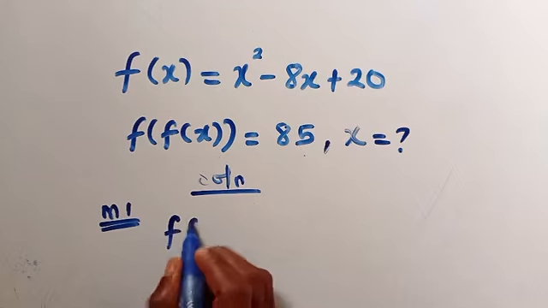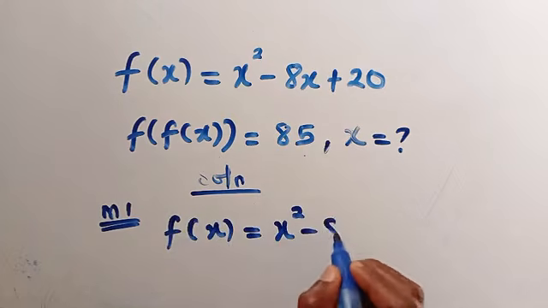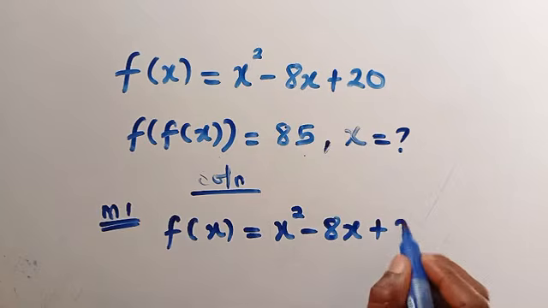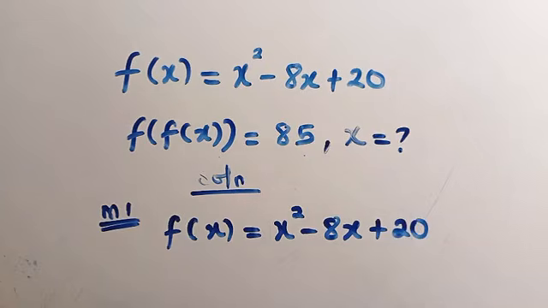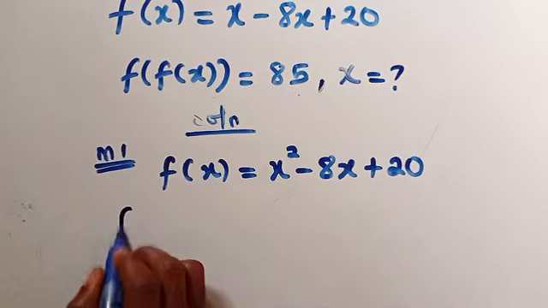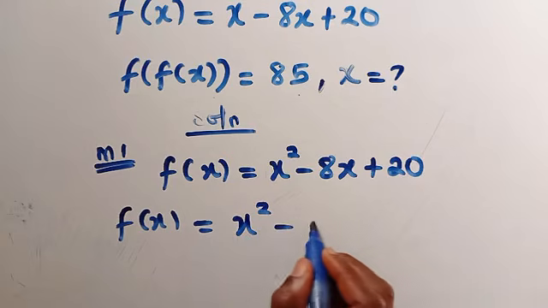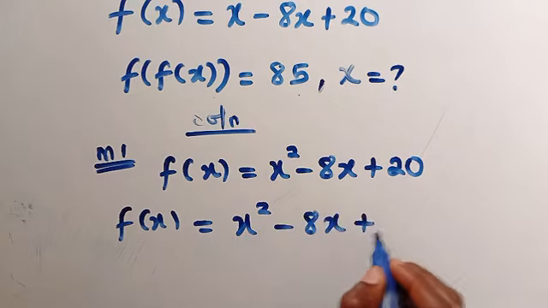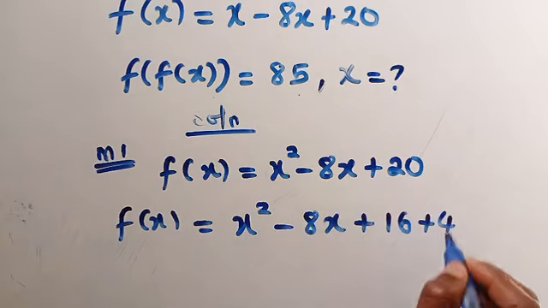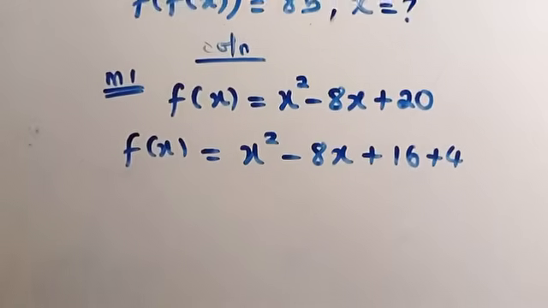So from the function f of x, which equals x squared minus 8x plus 20, if I break this down, f of x equals x squared minus 8x plus 16 plus 4. So 16 plus 4 gives us 20.